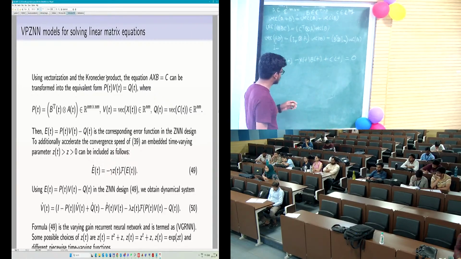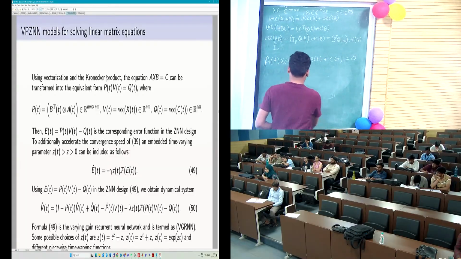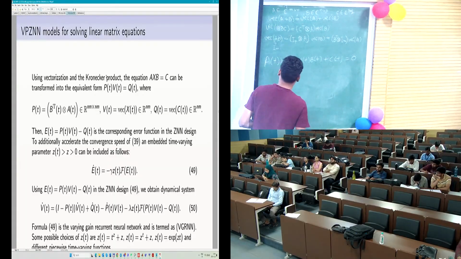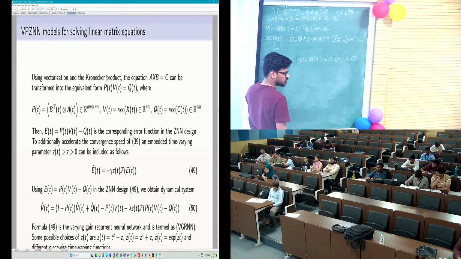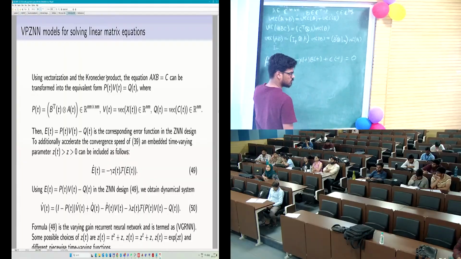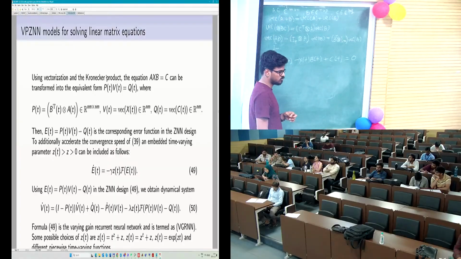Equals 0, or if we move C on, okay, it is the same. It will be minus C of t. A, B, C are given matrices. Should I consider the regular ZNN first, or first do the vectorization? One approach is direct approach of ZNN, use derivatives.